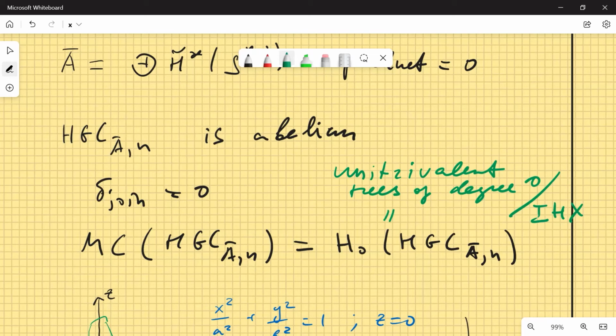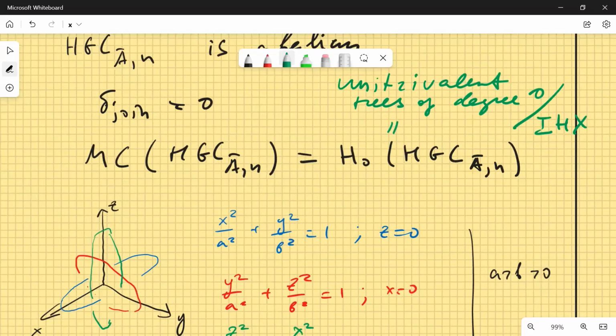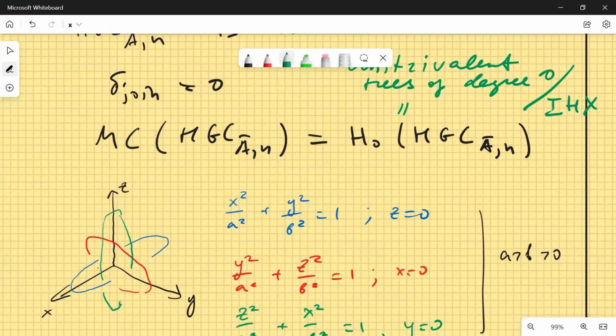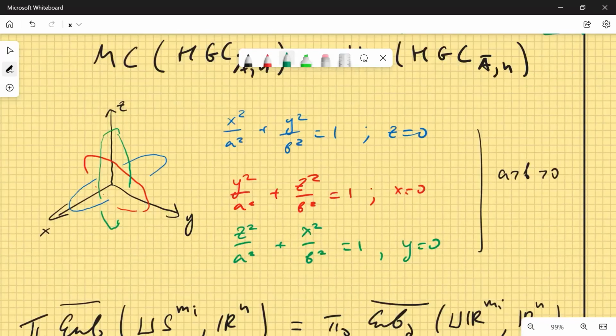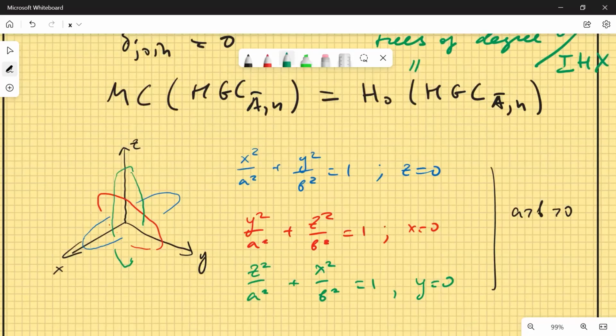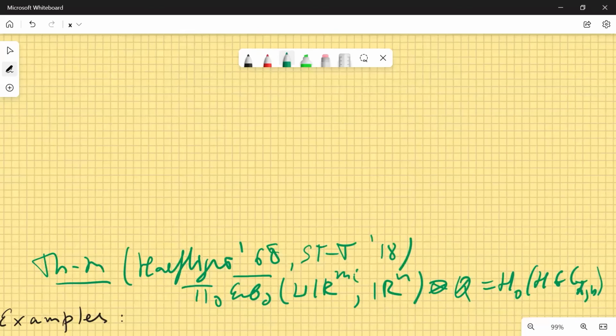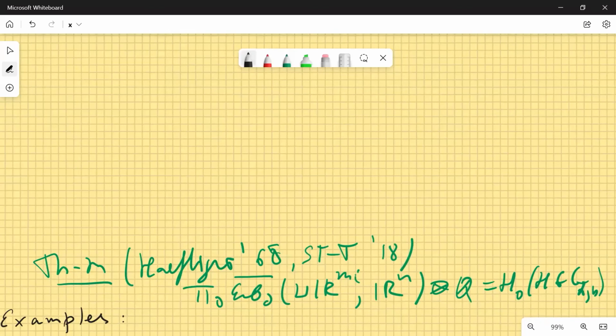Well, just to give a few examples, so for example, if you have in the Maurer-Cartan element a graph like this, right?